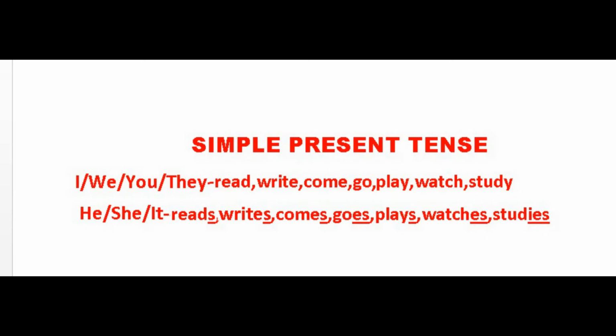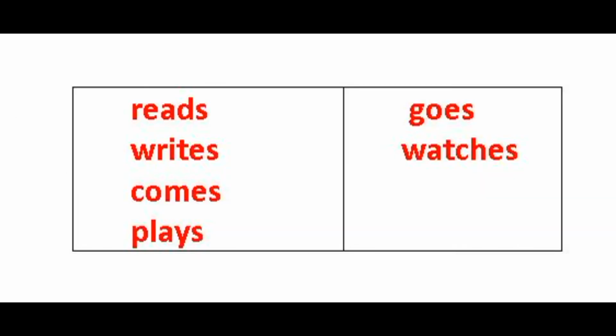Now you see some verbs we have just added s, and some verbs we use es, goes and watches. And here we removed y and added ies, so it depends on the spelling of the verbs.